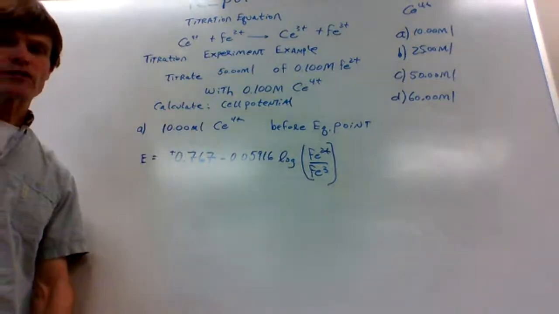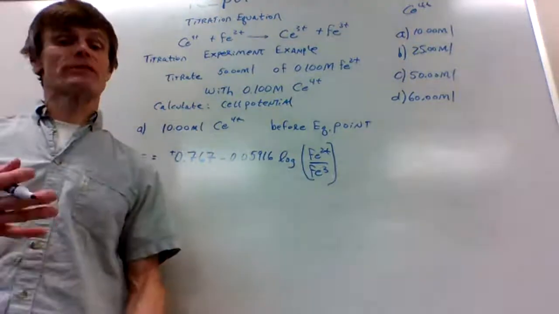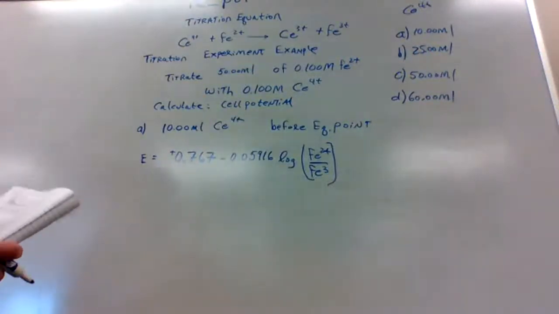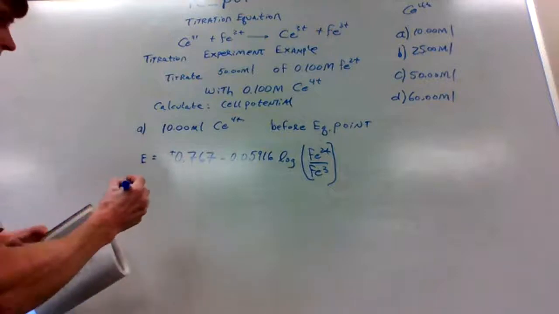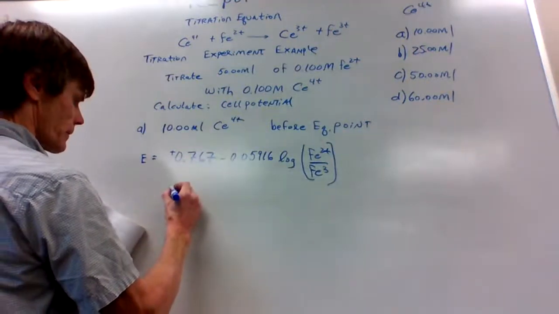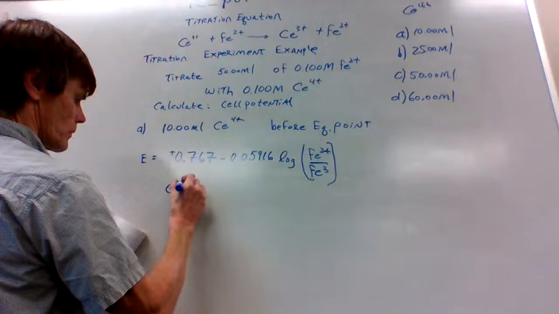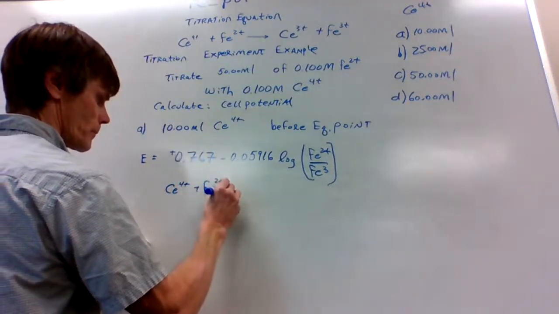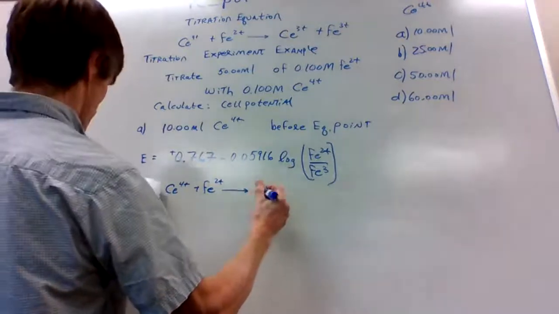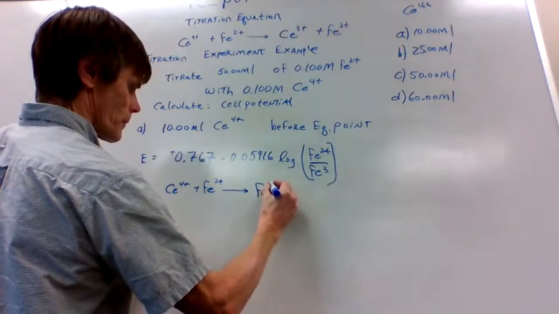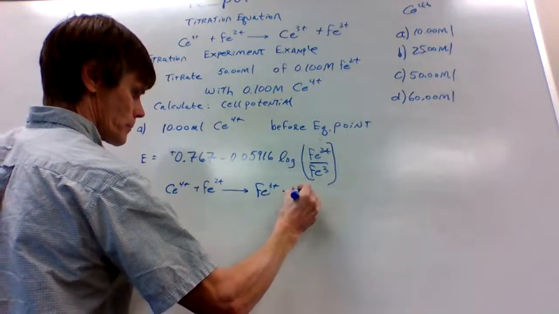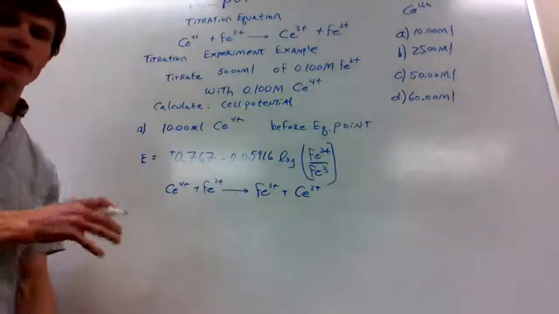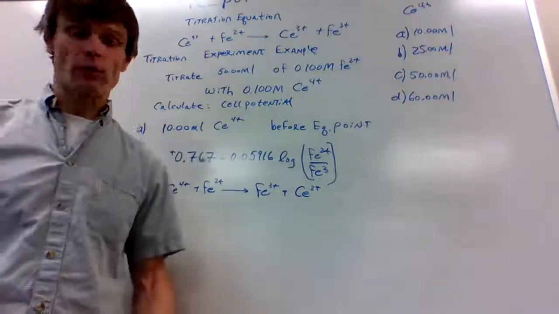So what I'm going to do is use a table. This is real similar to buffer types of problems. Let's set up a table. And our table is going to be looking at the process that's occurring. In our table, we're going to work with millimoles.